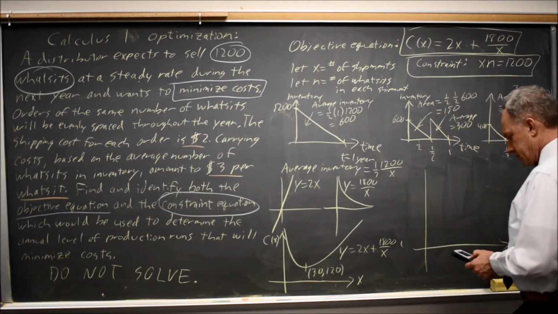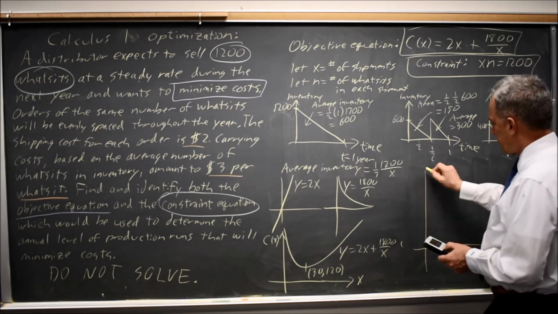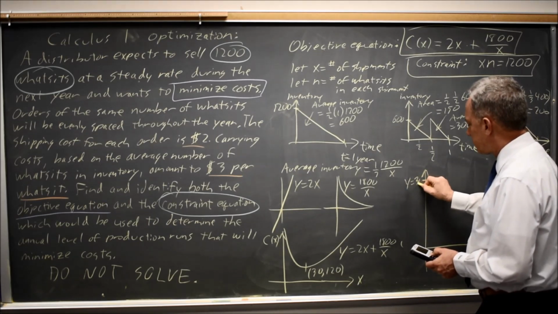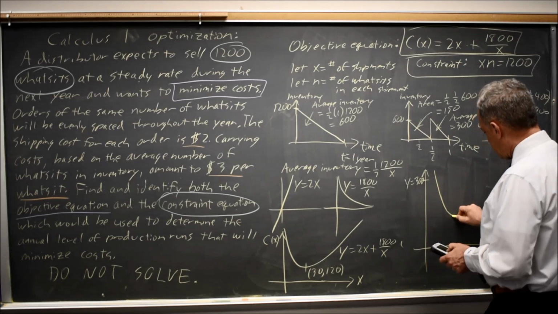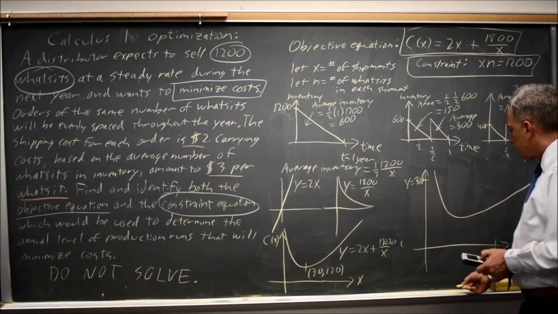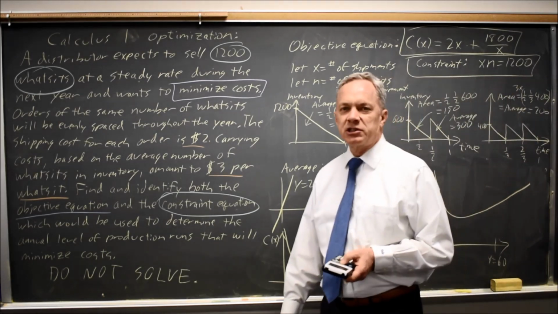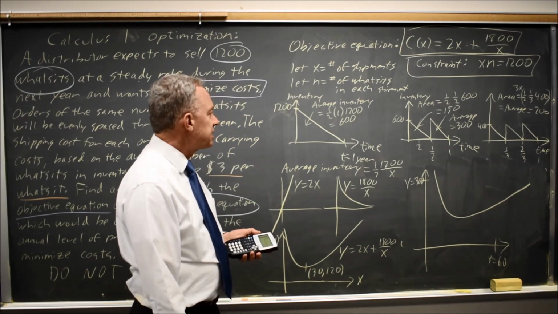And this is x equals 60, and this is y equals 300. And my graph looks something like this, which is similar to what I sketched from our knowledge of linear functions and the inverse function y equals 1 over x.